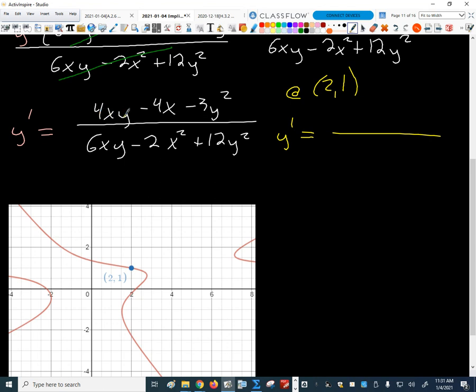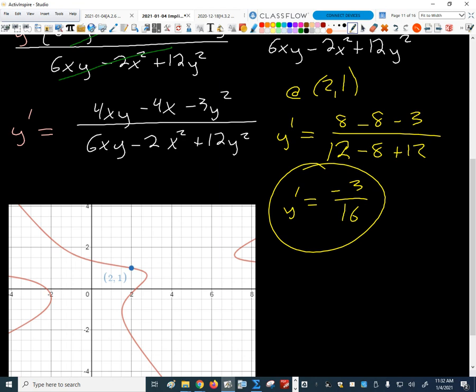So 4 times 2 times 1 is 8, minus 4 times 2 is 8, minus 3 times 1 squared is minus 3, over 6 times 2 times 1 is 12, minus 2 times 2 squared is minus 8, plus 12 times 1 squared is plus 12, and I get an answer of negative 3 over, what, 16? There it is.